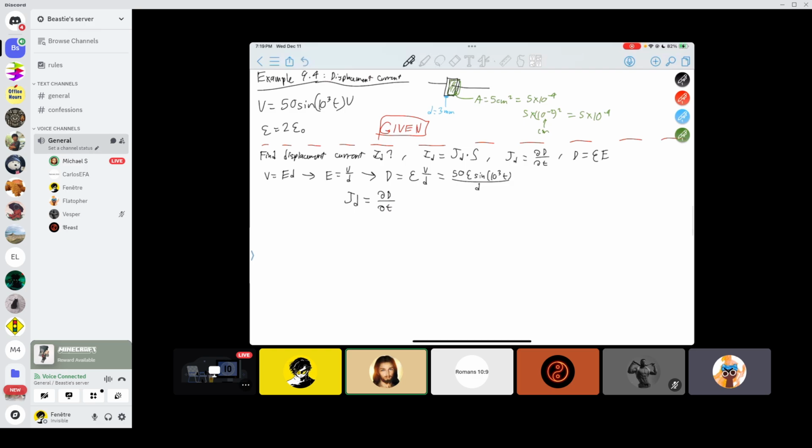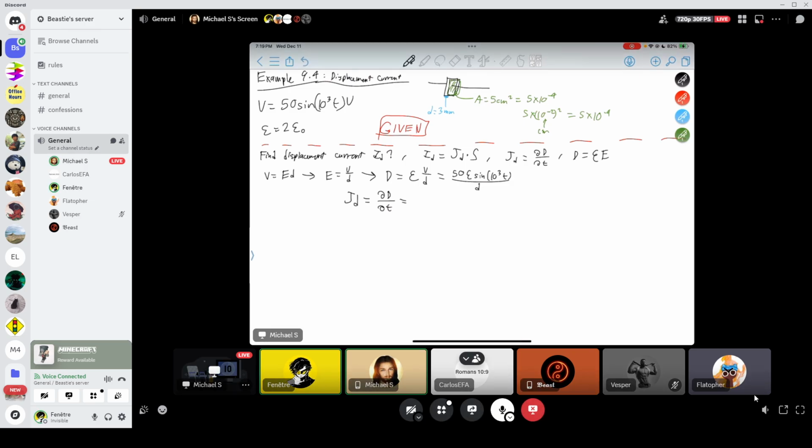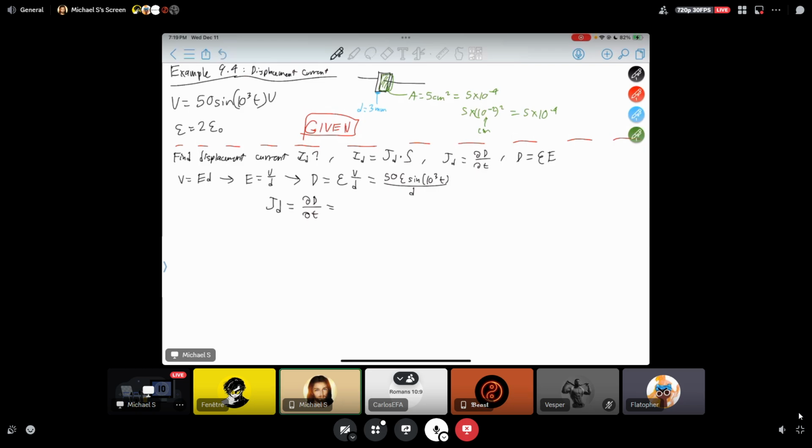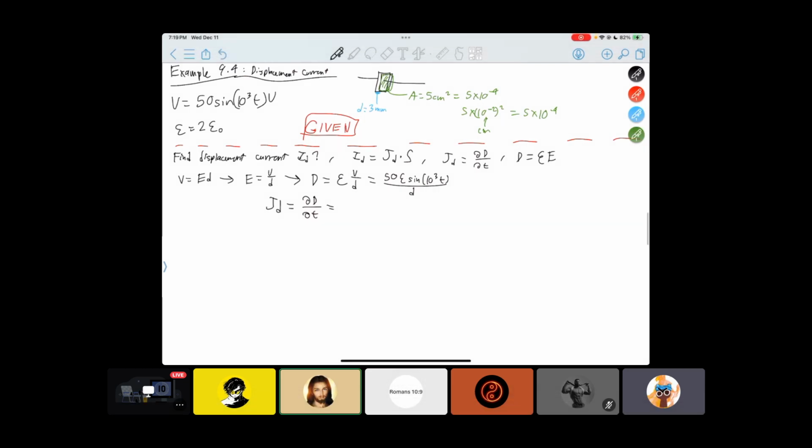So what's the derivative of this with respect to t? We basically have to take the derivative of this, so we're using the chain rule. This will be 50 epsilon times 10 cubed times cosine of 10 cubed t, divided by d.